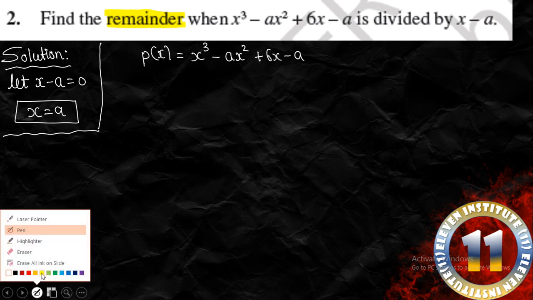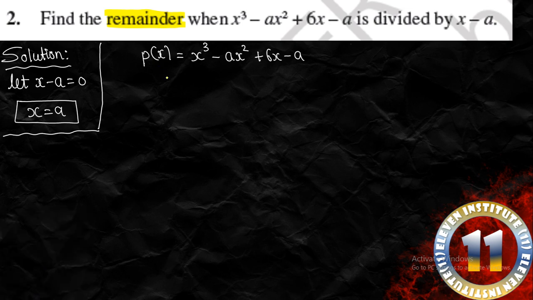Now we have to substitute the x with a. Let us do that. Instead of x, we will write a cube. Now understand, this a is already in the question. Instead of this x, we will write a square.